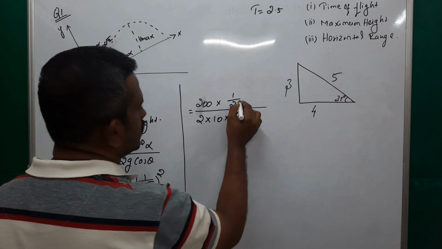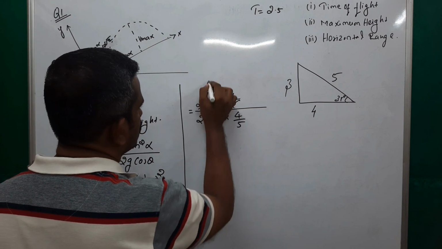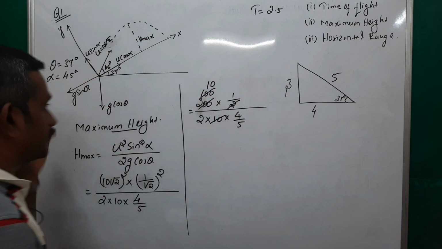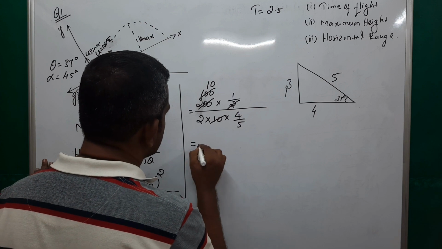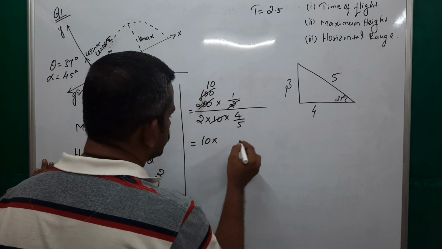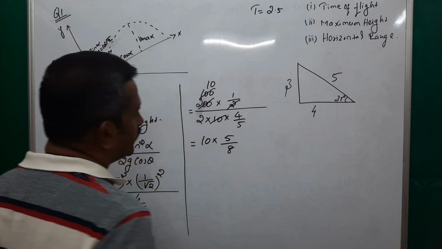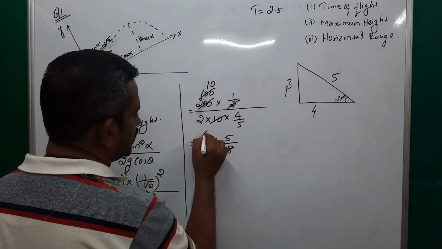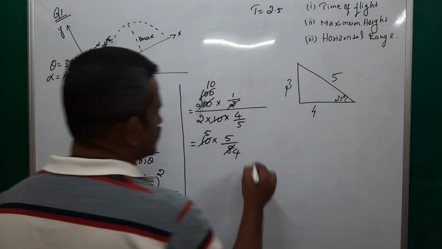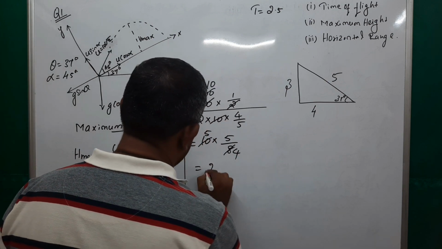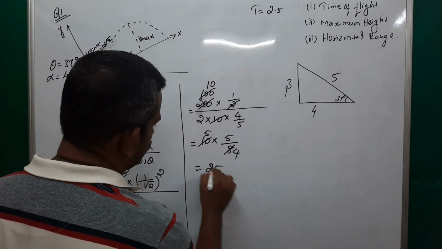So cancel, it is 100 divided by 16. So that's equal to 25 by 4.